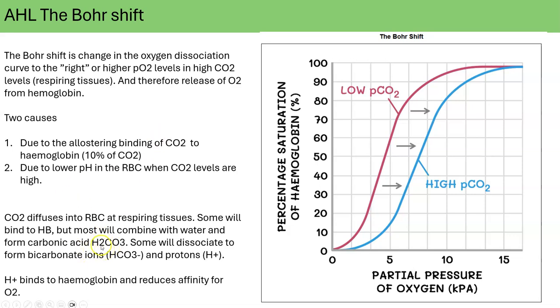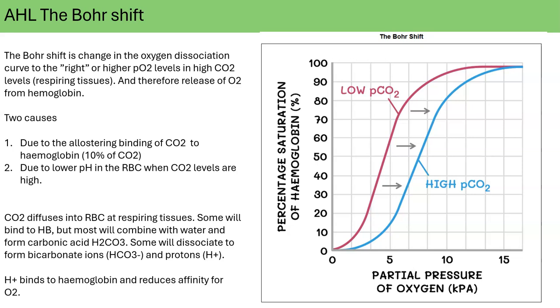Sorry for not doing lowercase numbers on these ones. I hope you can forgive me. I didn't remember to do that. Anyways, some of these carbonic acid molecules will dissociate to form bicarbonate ions and protons, which reduces the pH. And some of these protons will bind to hemoglobin and continue to reduce affinity for O2.